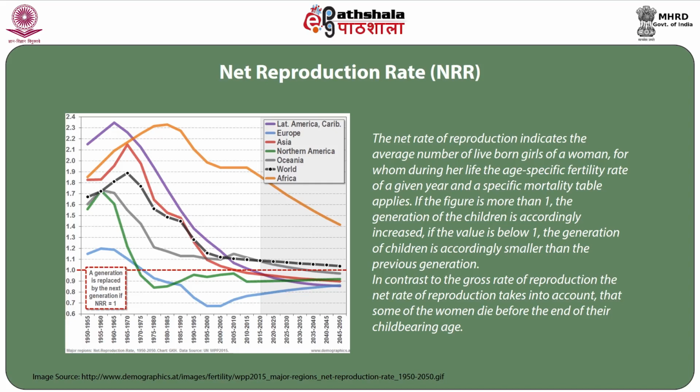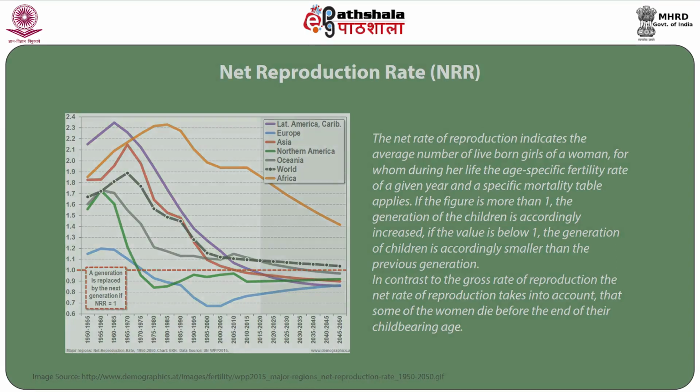If the figure is more than 1, the generation of children is accordingly increased. If the value is below 1, the generation of children is accordingly smaller than the previous generation. In contrast to the gross rate of reproduction, the net rate of reproduction takes into account that some of the women die before the end of their childbearing age.